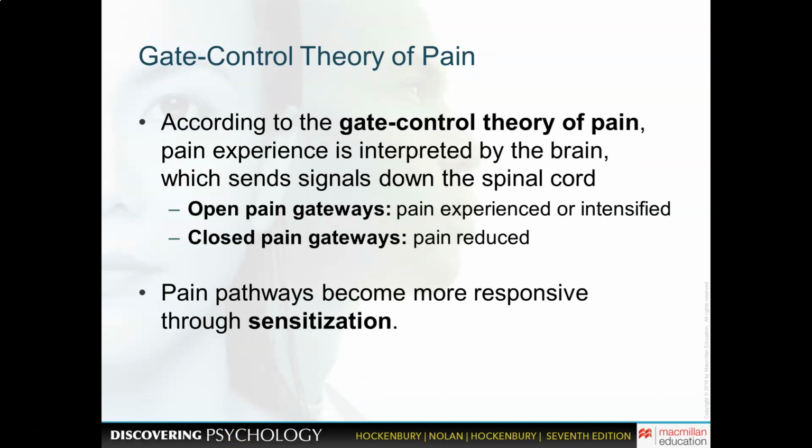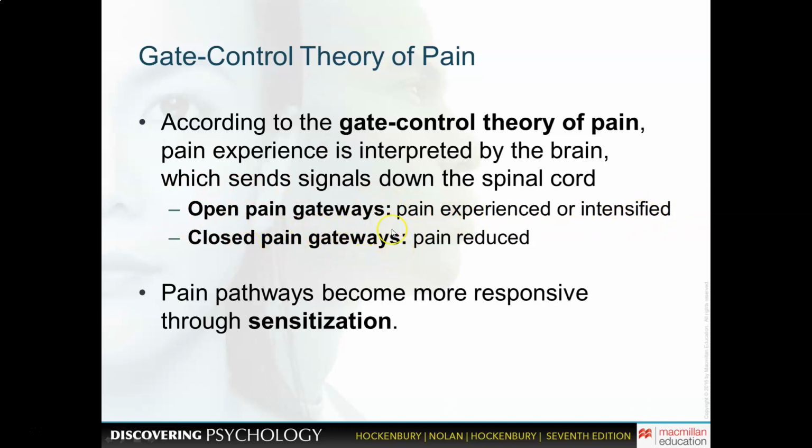Okay, then we have what's called the gate control theory of pain. That's how pain travels through our spinal cord. When we experience pain, and that's interpreted through our brain, that actually sends signals down the spinal cord. If we're able to experience the pain, that's because the gateways in our spine are open.